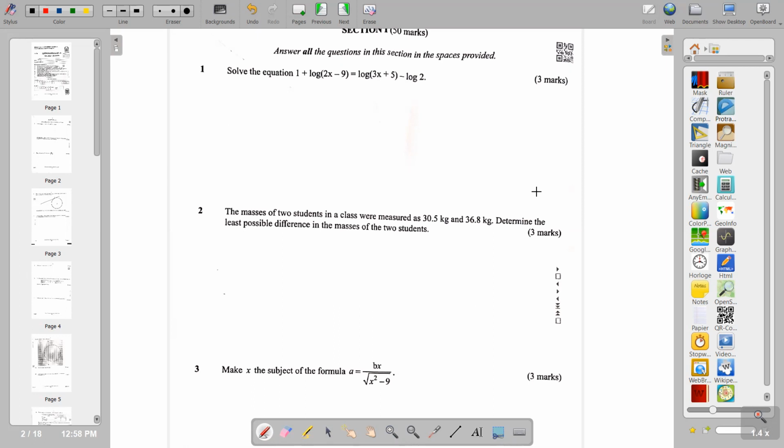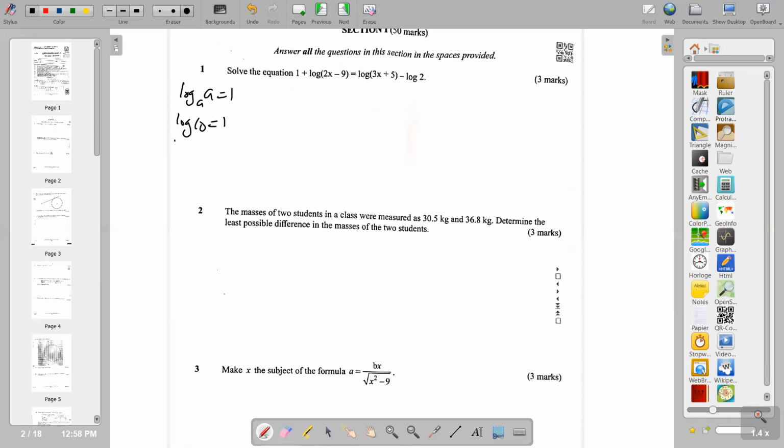So you have to change this 1 to log to base 10. You know the formula that log of a to base a is equal to 1. So you have to change this one, meaning that log of 10 is equal to 1.